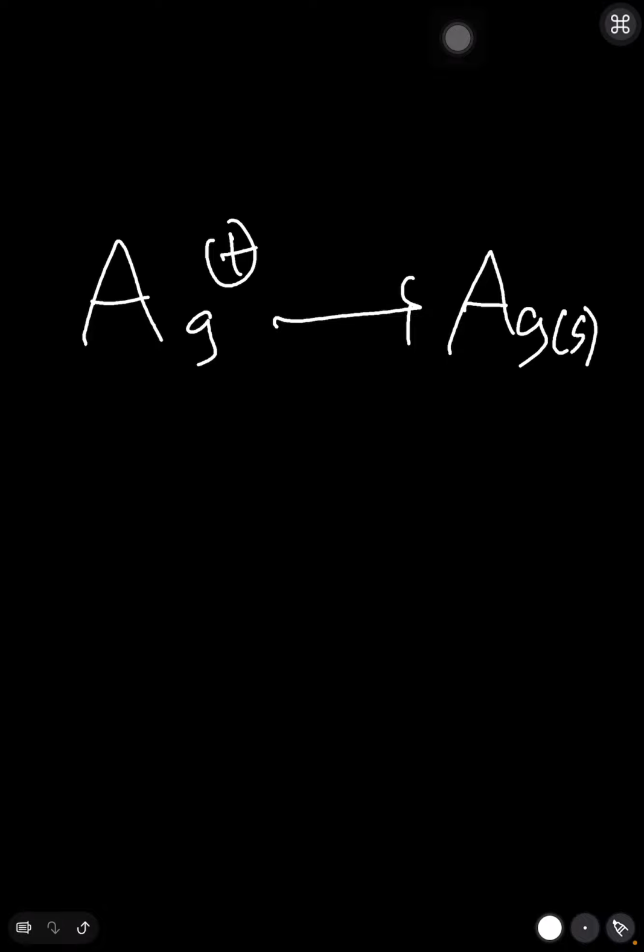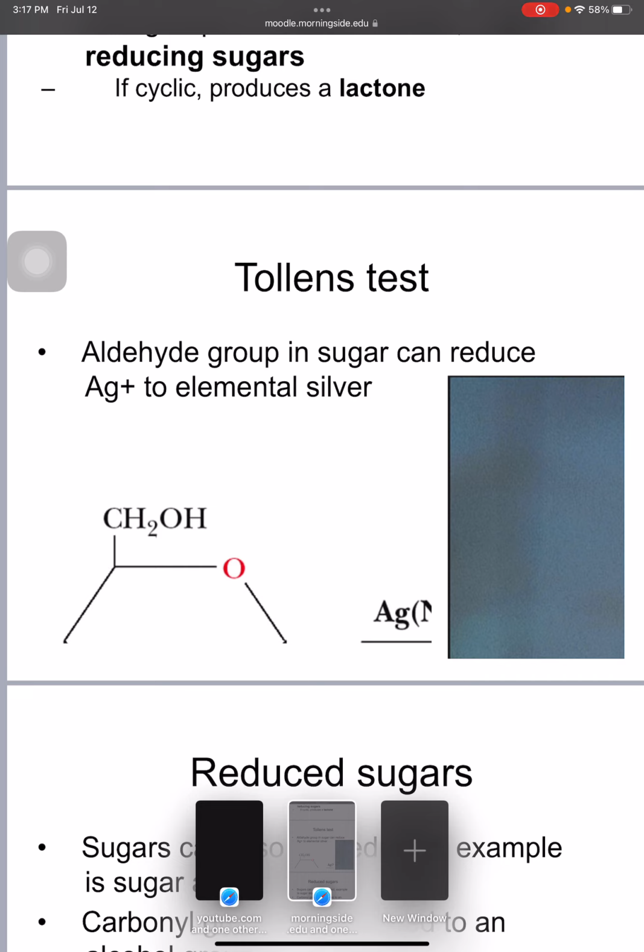Fun fact. Back in the olden days, and don't ask me how long ago because I don't know, but long ago, this was actually the common way to make mirrors. You would take a pane of glass and coat it in a glucose solution. And then you would apply, by the way, this silver reagent is called Tollens reagent.